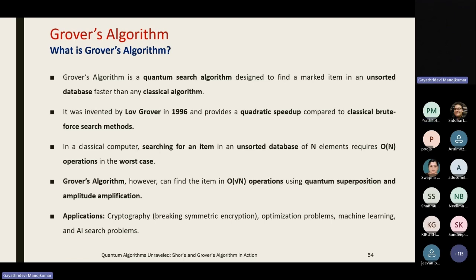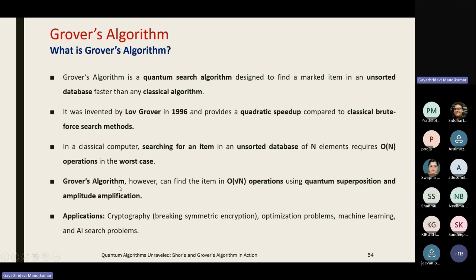This was invented by Lov Grover in 1996. This algorithm provides a quadratic speedup compared to a classical brute force search method. For example, searching for an item in an unsorted database may take O(n) operations in the worst case.